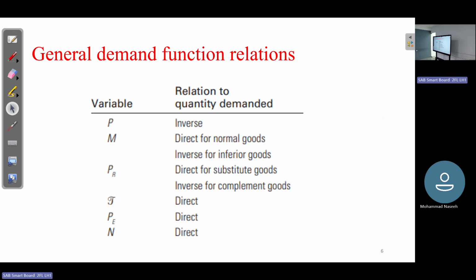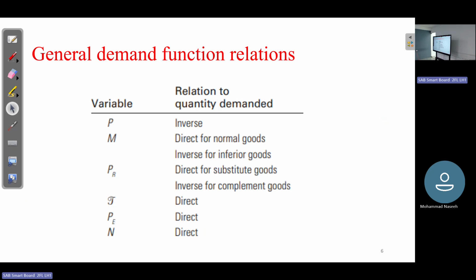Then take a small topic, substitution effect. Now, clearly understand this. We are trying to identify the reasons for the inverse relationship between price and quantity demanded. So we found one reason as substitution effect.